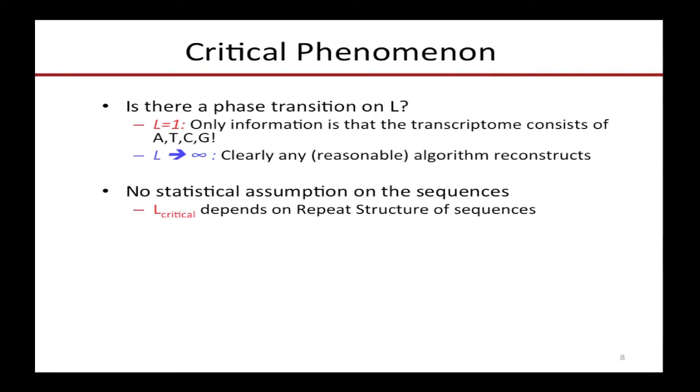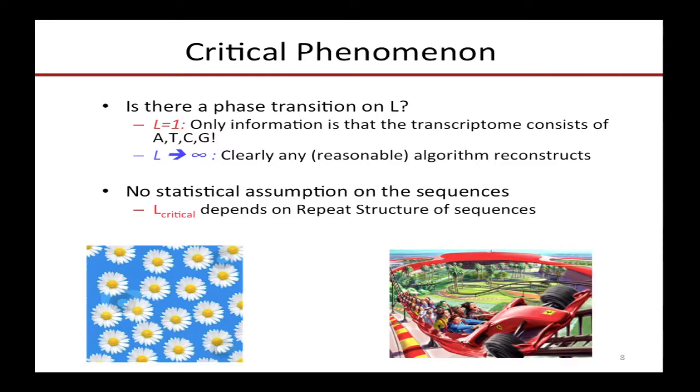Let me give you an example for this. Here are two pictures. In some sense, RNA reconstruction or DNA assembly is like solving a jigsaw puzzle. You have a big picture, and all you get is small snapshots of this big picture. Let's say you have this flower picture, and you got small pieces of the jigsaw puzzle that you want to put together.